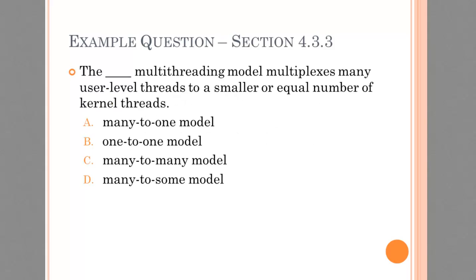The blank multi-threading model multiplexes many user-level threads to a smaller or equal number of kernel threads. So we start talking about multi-threading. Exactly. So know all these different models. I don't know about many to some, I don't think that is a model.